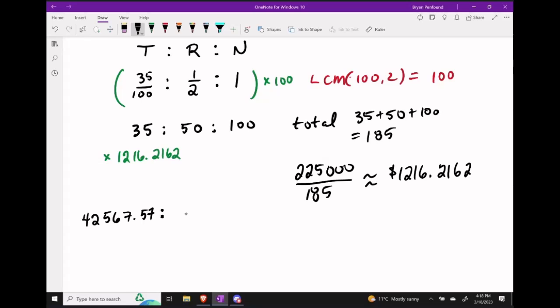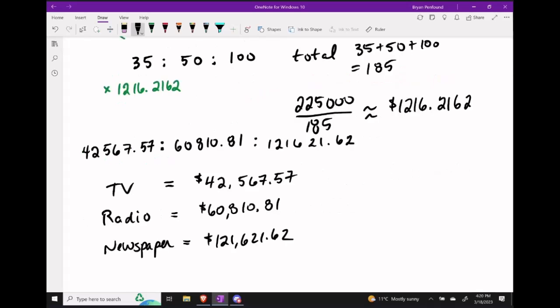Multiplying by 50, we get 60,810.81. And of course, multiplying by 100 means we just shift the decimal place over twice, and here we're going to have 121,621.62. So this means we can break up our budget in the following way.